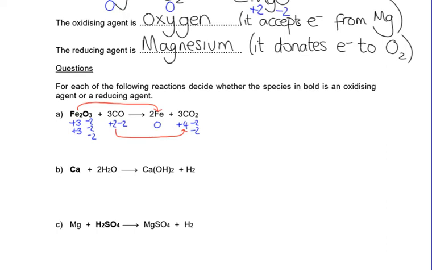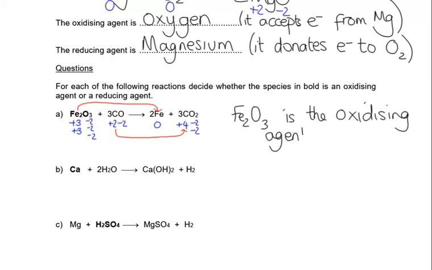And if we have a look at this, we can see that the Fe in Fe2O3 is accepting electrons to become Fe metal. So it's going from +3 to 0, it's accepting electrons, and therefore Fe2O3 is the oxidising agent. Now we're only asked about Fe2O3 in this question, but if we were asked what the reducing agent was, it would be the carbon monoxide.